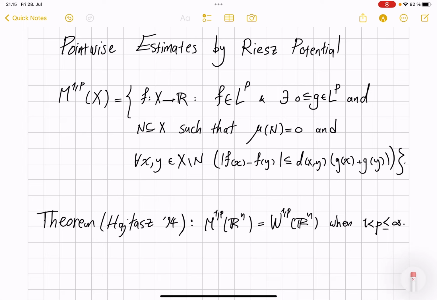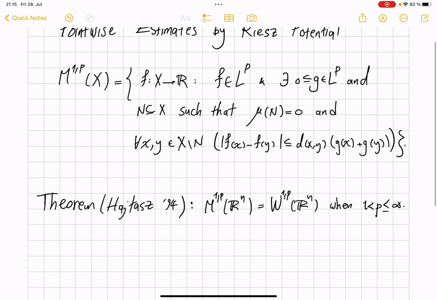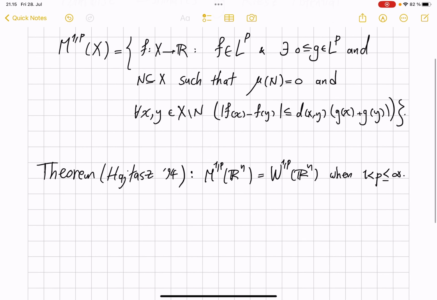The motivation for this definition comes from Hajlasz's original paper, where he observes that M^{1,p} of R^n is actually W^{1,p} of R^n for the range p strictly bigger than 1 up to infinity inclusive. And this same claim also holds for Sobolev extension domains, which includes a lot of simple domains, Lipschitz boundary domains, and alike.